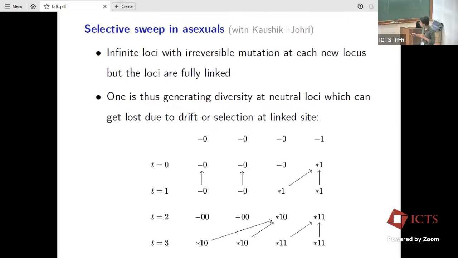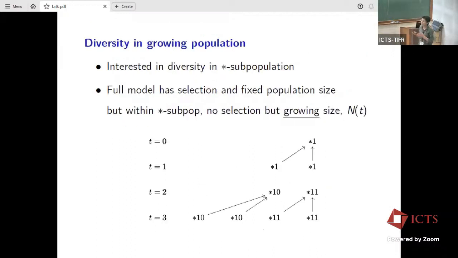And if I just repeat this process, I find that we still have diversity left. So it is different from the usual models of asexual populations, where new neutral mutations are not also coming in. There's no recombination here, but diversity is there because the loci have neutral mutations. We just wanted to understand that.